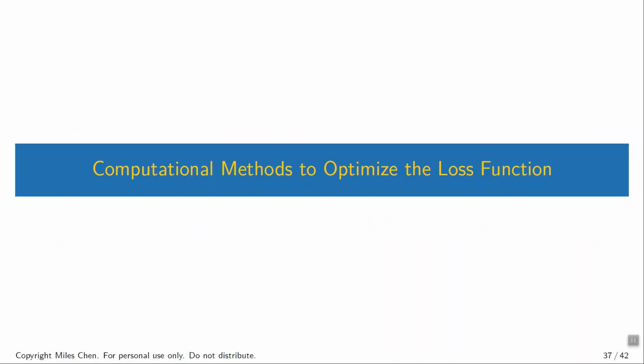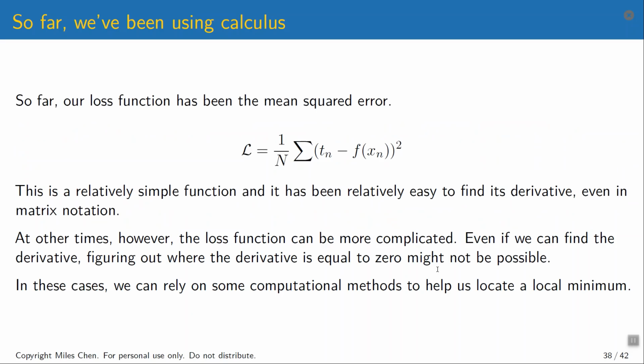So now we're going to take a step back and start talking about computational methods to optimize the loss function. We've talked about cross-validation. Now we'll go back and talk about optimizing the loss function. So far for the multiple linear regression model, we've just been using calculus because our loss function has been pretty easy.